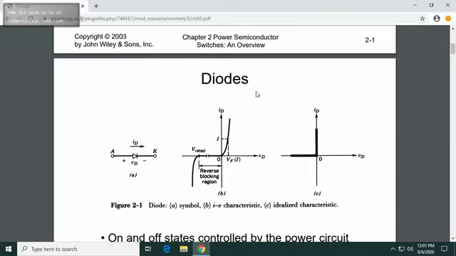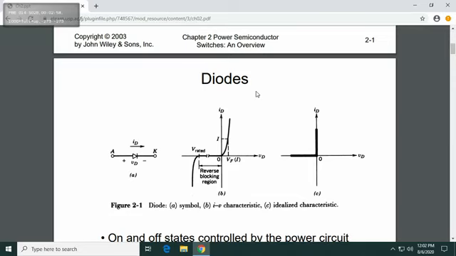So at 0 you see it is 0, this portion here is far towards the left. If we supply a negative voltage, there is a certain point where the diode will break down. Breakdown means that it is going to get destroyed. So that's when you'll have a reverse breakdown voltage.